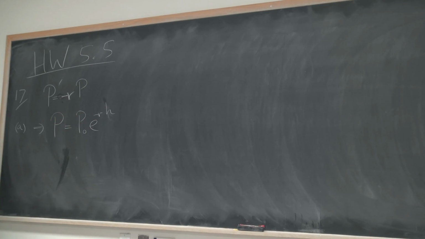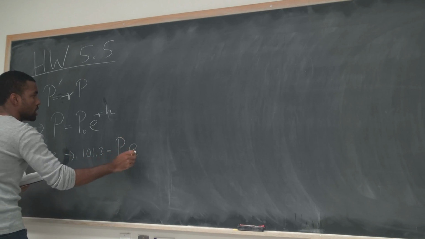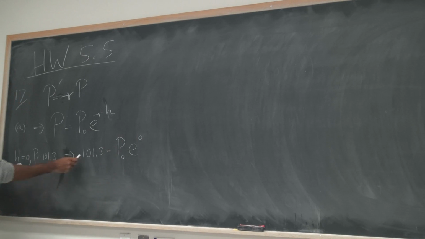We're not measuring things in terms of time anymore. We're measuring in terms of height. So here we know that when height is 0, P is 101.3 kilopascal. I don't care about the units. So this means that 101.3 is equal to P0 e to the 0, which means P0 is this. Right? P naught is that.